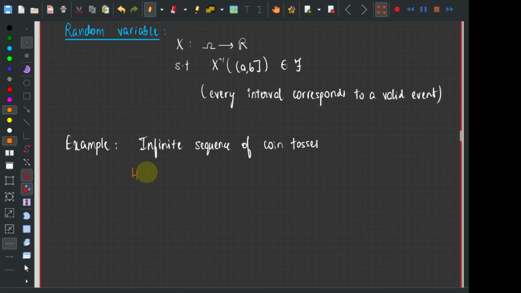Let's suppose I have heads, tails. So I need a valid map to basically map a sequence of infinite coin tosses to an element of the reals. I want to construct a random variable in which all the outcomes are mapped to numbers between 0 and 1.